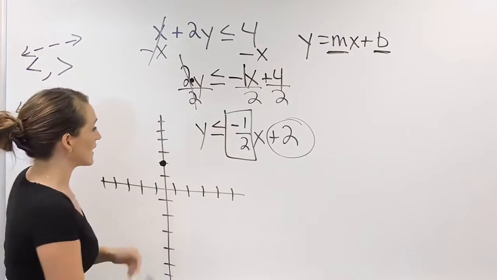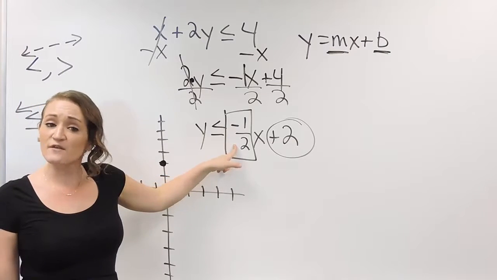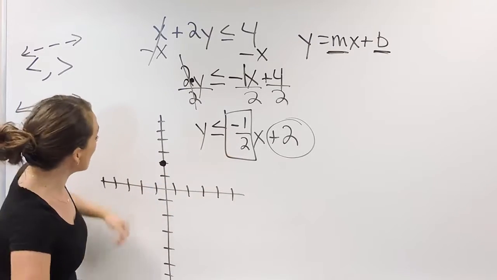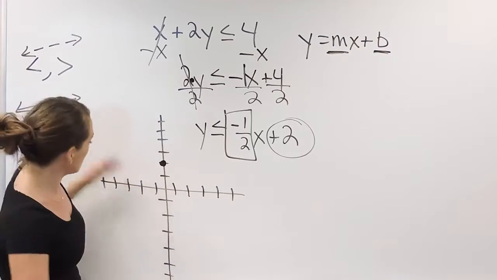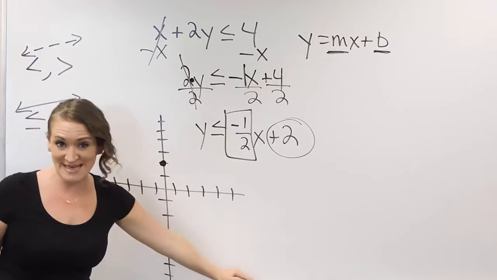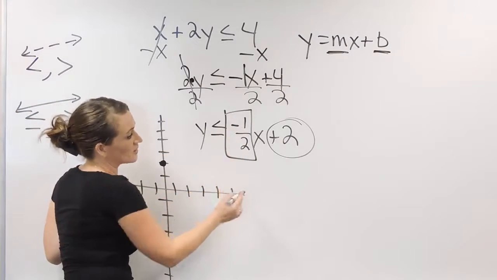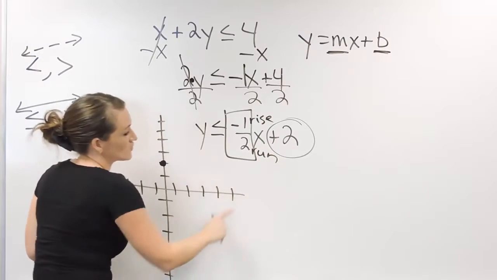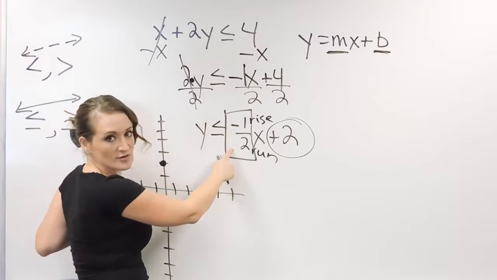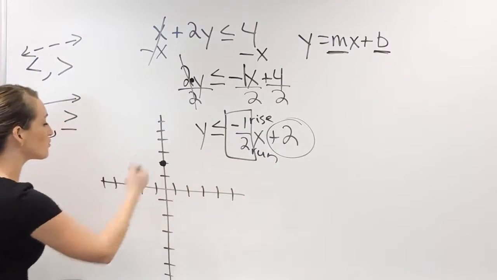After we take care of the y-intercept, then we look at our slope, and our slope is a negative 1/2. A negative direction needs to be going down. Looking from left to right, you're going downstairs. And for this negative 1 over 2, remember slope is rise over run. So this is up 1 over 2 in the negative direction.